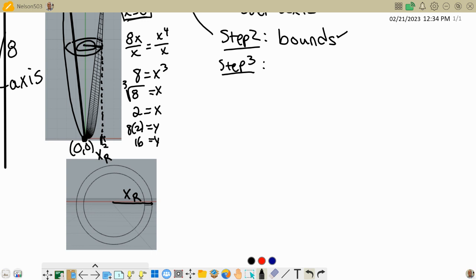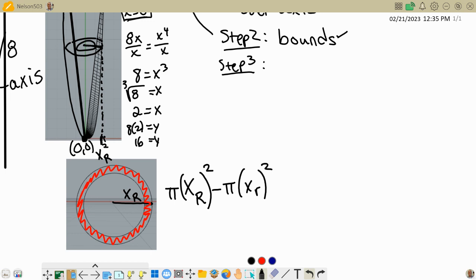And the area of this region right here, let me shade this in red. This area right here, this washer shape, is going to be pi x sub big R squared minus pi x sub little r squared. So in step 3, where it says draw the cross section, we've kind of blown right past that. So let's put that down.